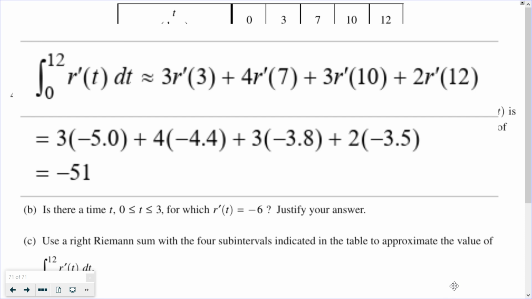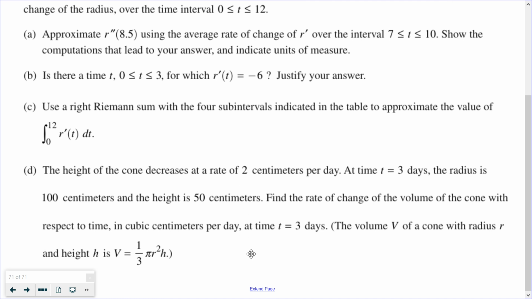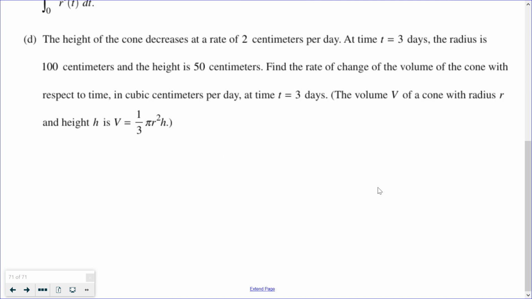It's the last one of the day. Last one, related rates. And I can't give much more time.